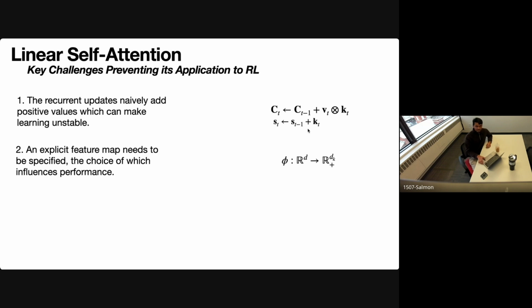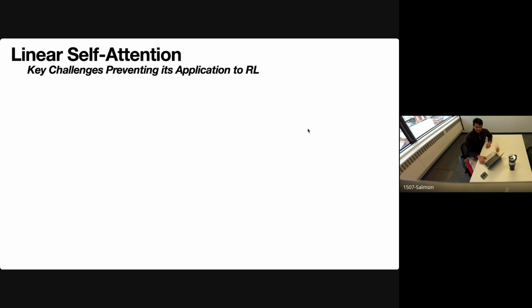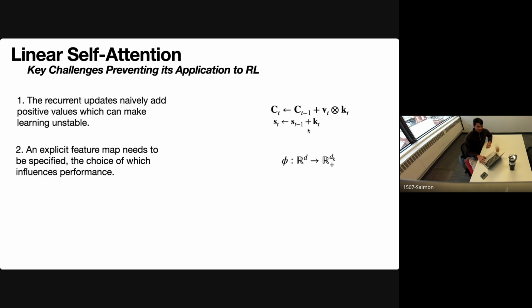So there is no notion of position in the naive recurrent update. The second is that an explicit feature map needs to be specified. Earlier I said that the feature map phi outputs positive values, but the problem of the linear transformer is that this choice of feature map affects the performance by a huge margin.